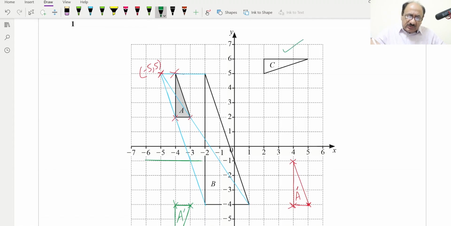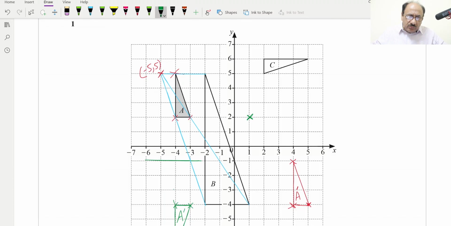So we can see this is basically rotated, and rotation we can check, you can use even tracing paper, or check from this point. This is rotated anti-clockwise, this basically clockwise.